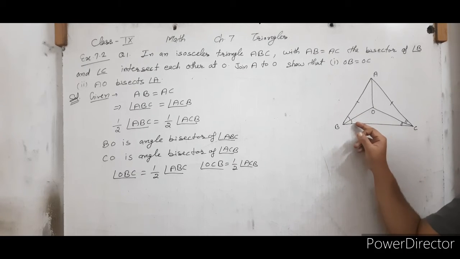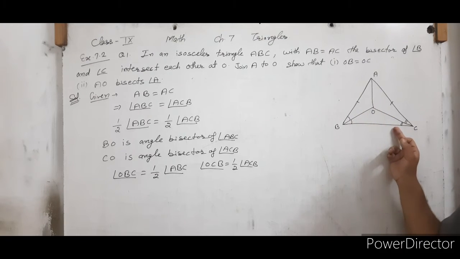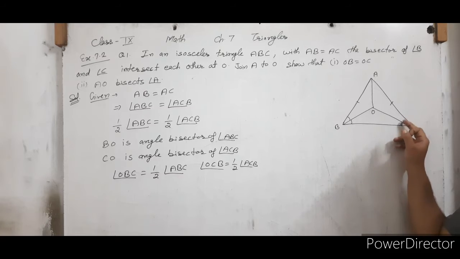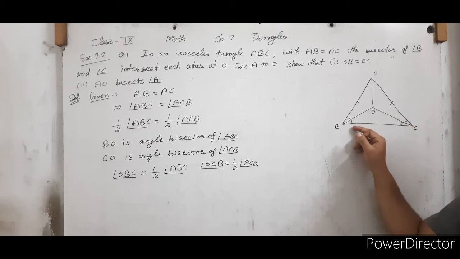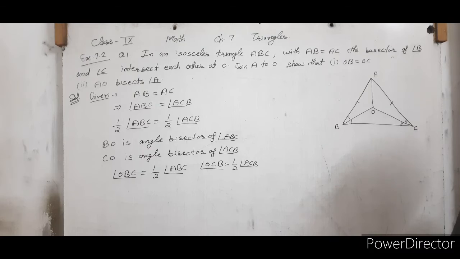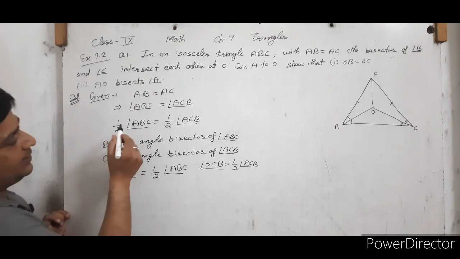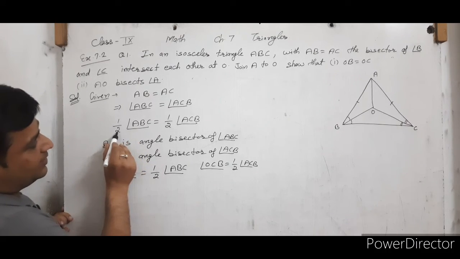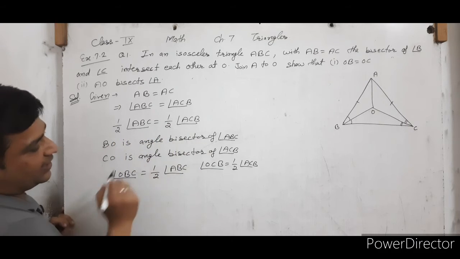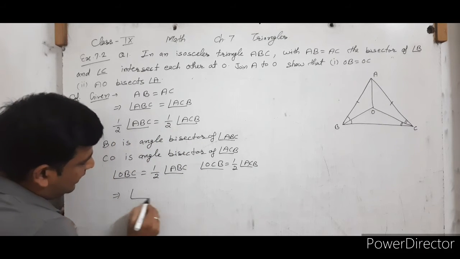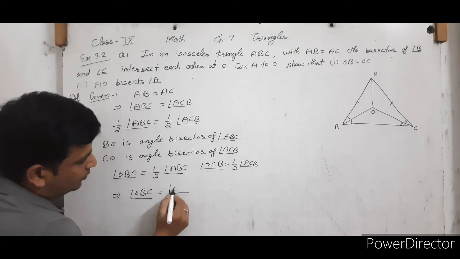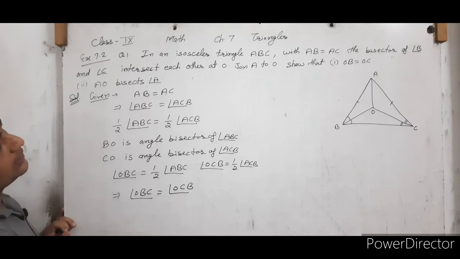If this divides into equal parts, then half of the complete angle will be equal to OBC, and half of this complete angle is equal to OCB. So OBC is equal to half of angle ABC and OCB is also equal to half of angle ACB. But previously we wrote that half of angle ABC is equal to half of angle ACB. That means angle OBC is equal to angle OCB. These two angles are equal.